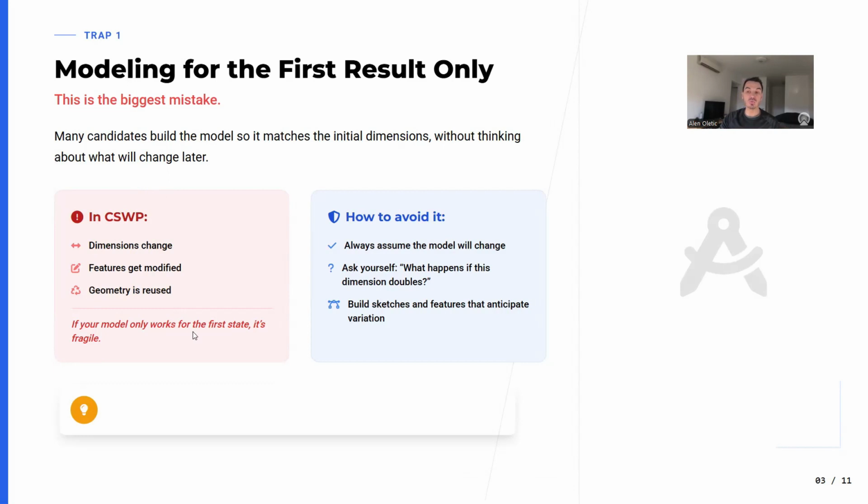So if your model only works for the first state, it's very fragile. So how can you avoid that? Always assume the model will change, okay? Then ask yourself, what happens if this dimension doubles? Will my model break or not? Then also build sketches and features that anticipate variations. So this is trap number one.